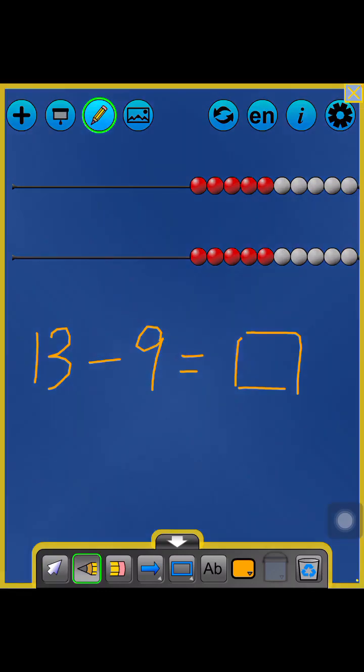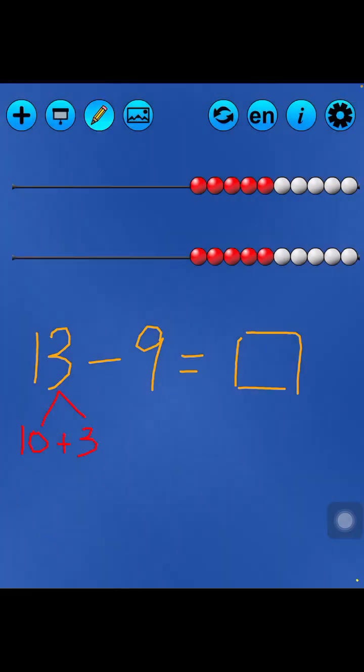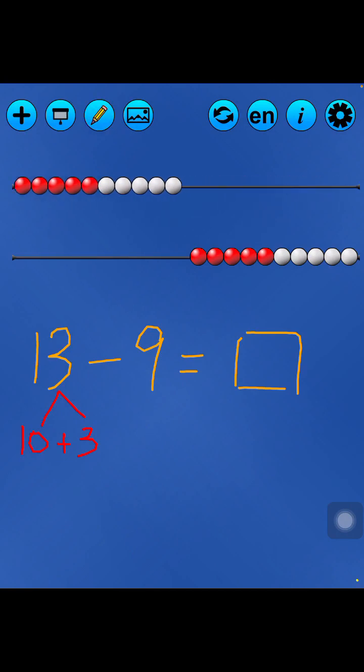First of all, we also split 13 into 10 and how many? Yes, it's 3. And then we move 13 bits to the left. 10 plus 3. And then we need to take away 9 bits.